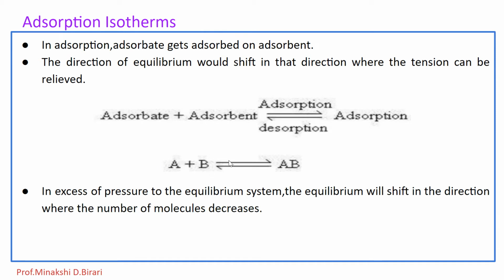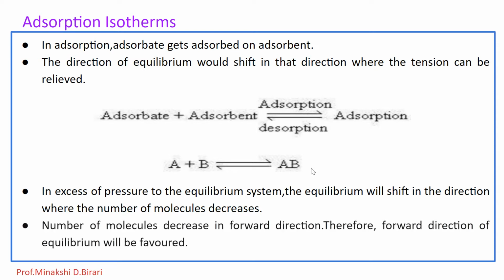On applying excess pressure to the equilibrium system, the equilibrium will shift in the direction where the number of molecules decreases. The number of molecules decreases in the forward direction, therefore the forward direction of equilibrium will be favored. So, in adsorption isotherm, we have to remember that the adsorbate gets adsorbed on the adsorbent, and the equilibrium will shift in the direction where the tension can be relieved, or, on applying excess pressure, in the direction where the number of molecules decreases.